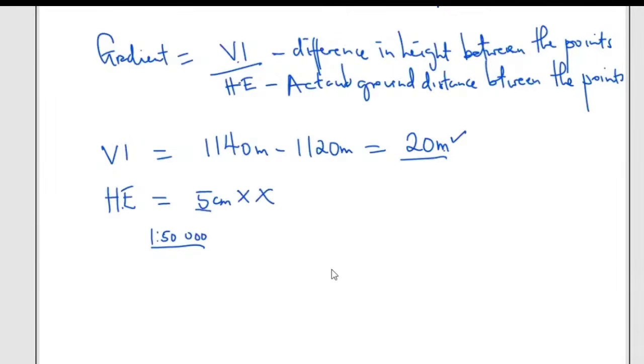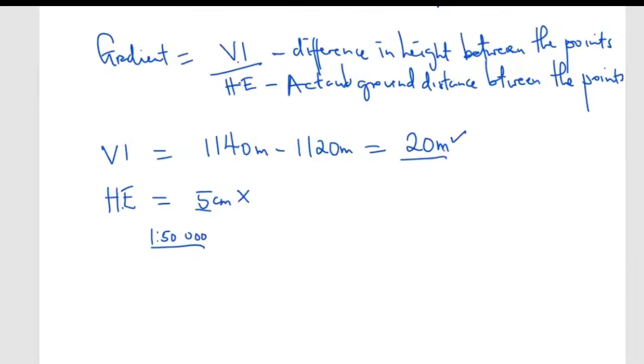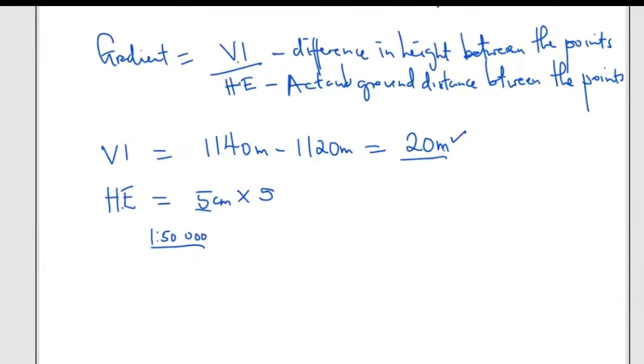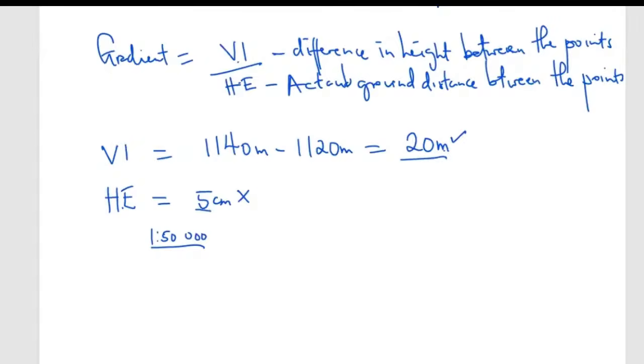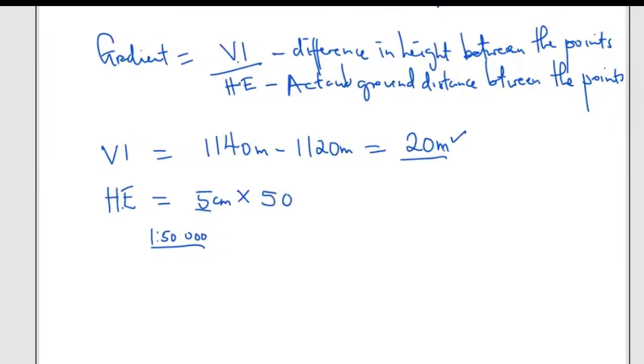I will have to simply multiply my centimeter measurement by 500 to convert the distance on the map to the actual ground distance to give it in meters. So I'm multiplying this by 500 meters. So this is going to give me 2,500 meters like this. So it means now this is my HE.